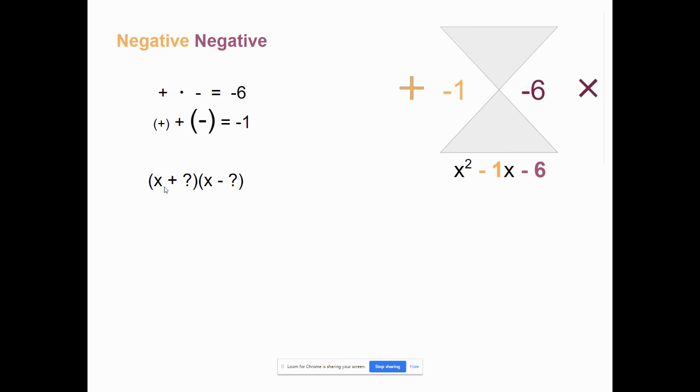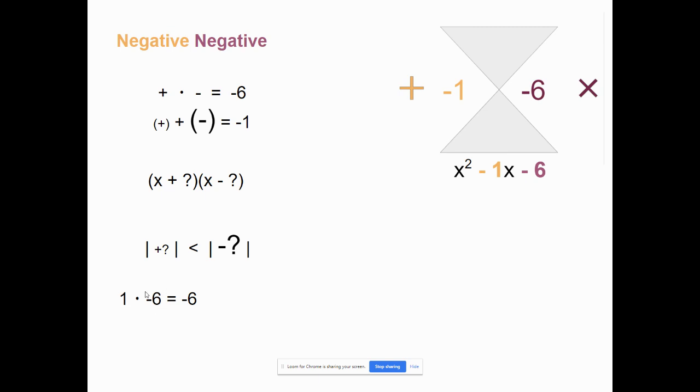So we know then to start with, we're going to have an x plus and an x minus, because we have to have a positive and a negative to get to this result here. So what I said was that our negative number has to have a greater absolute value than our positive number. Right? So let's look at what that could be. For negative 6, 1 times negative 6, because you have to have a positive and a negative.